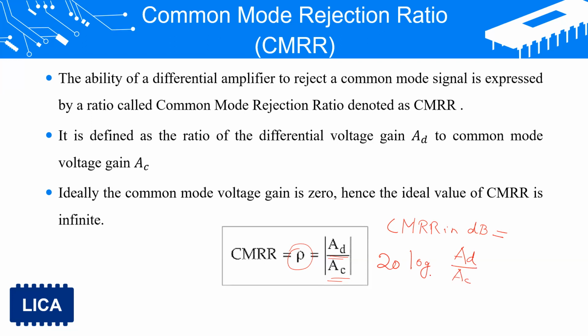So the log 10 we will eliminate, so it will become inverted: AD will come upward and AC will come downward. This is dB: 20 log AD by AC dB.